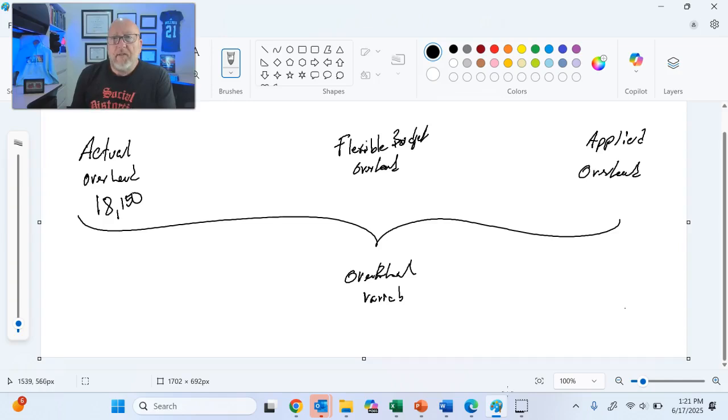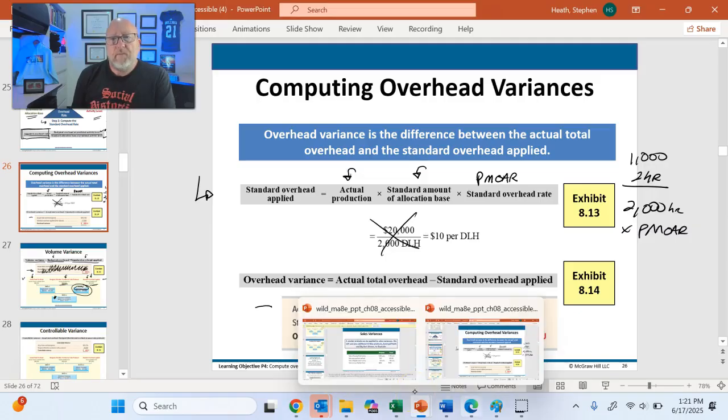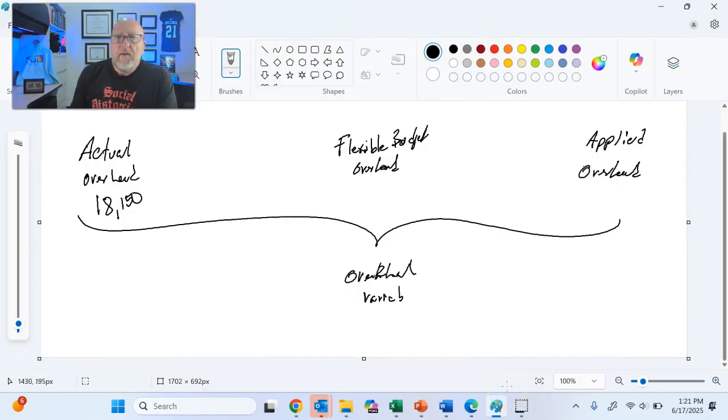And now they're telling us the overhead applied is 17,500. And therefore, my total overhead variance is 650. Geez, $650, getting ahead of myself. Unfavorable, right? We under applied. We have to apply another 650.